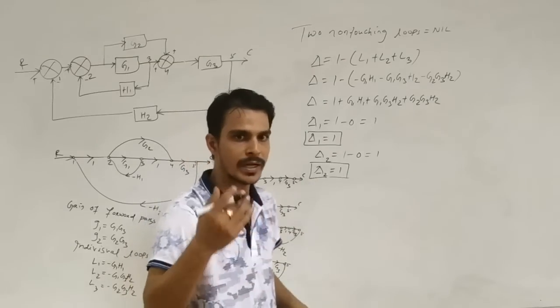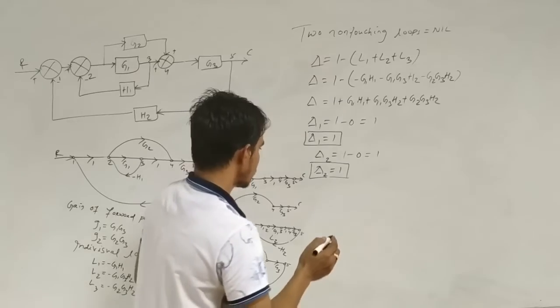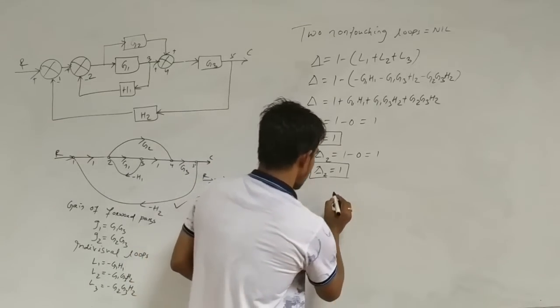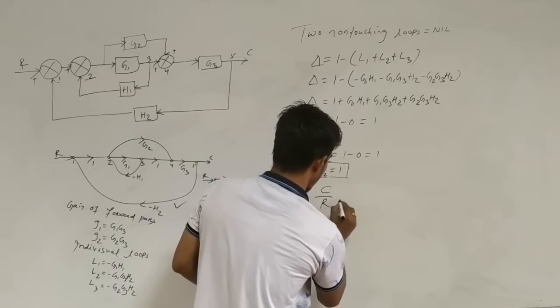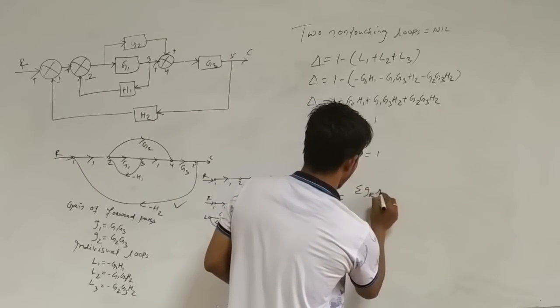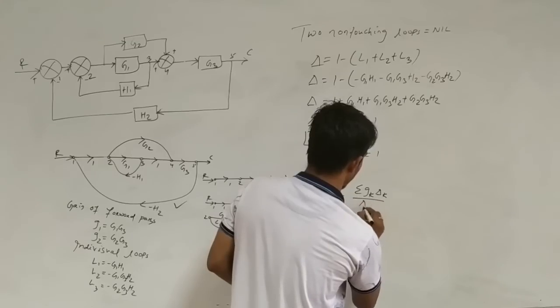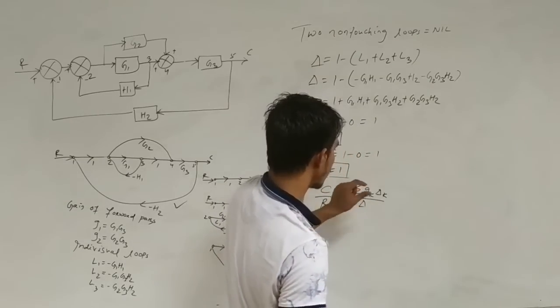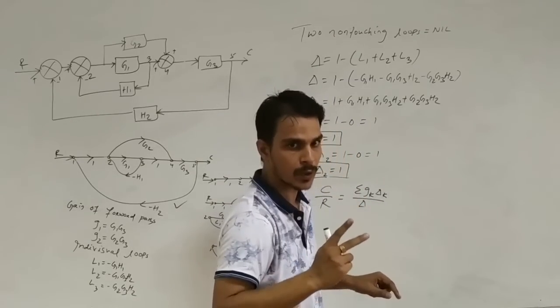Now we have to find the transfer function, that is C by R equal to summation of Gk delta k divided by delta. So here k equal to what? 2, number of forward paths 2.